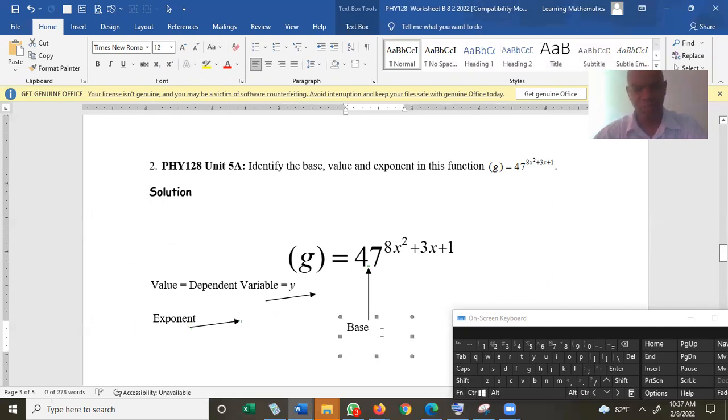And the reason why 47 is the base is because, as you can see, it is being raised to this power right there. If you take a look at the notation, the entire 8x squared plus 4x plus 1 forms the power. It forms the exponent. And it is written above the level of the base and a little smaller.